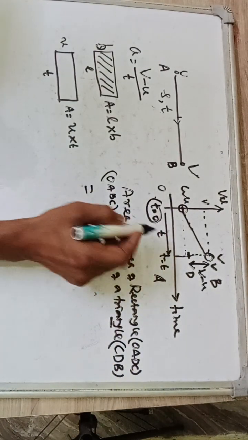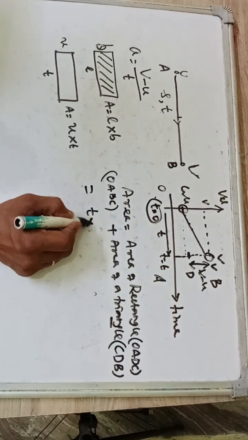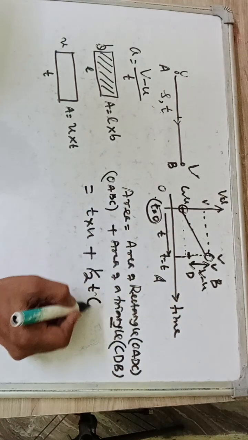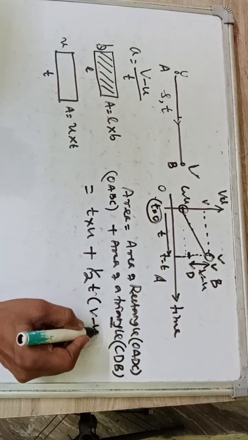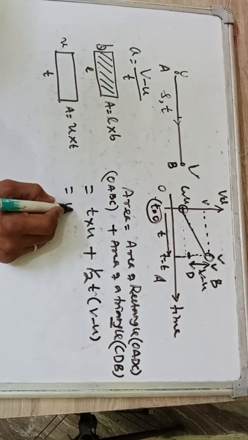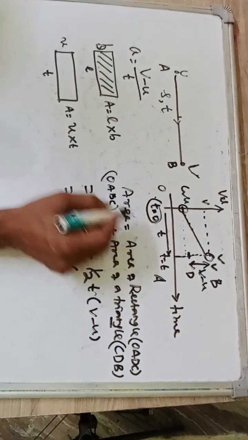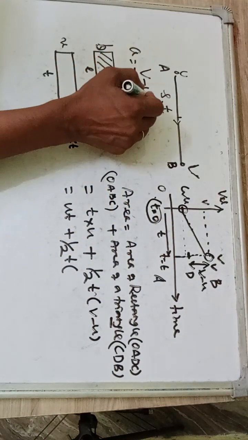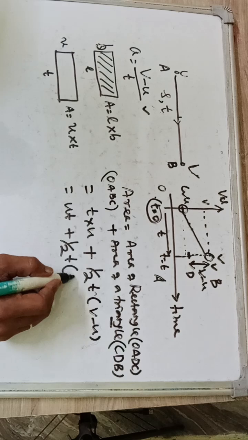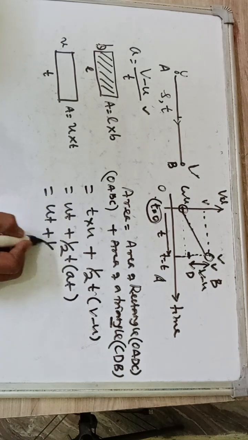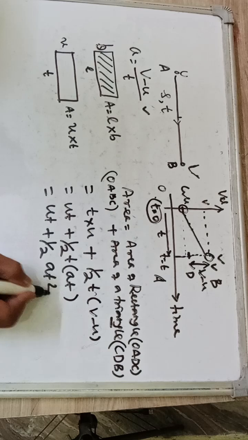So the area of the rectangle is T into U, plus the area of the triangle is half into T into (V minus U). So in this case it becomes UT plus half T (V minus U). From this equation, V minus U is our AT, so it becomes UT plus half AT square.